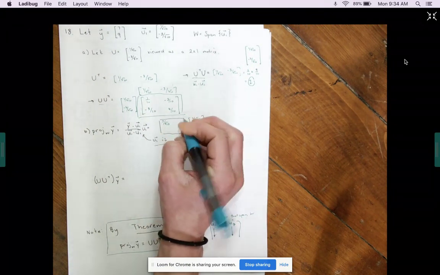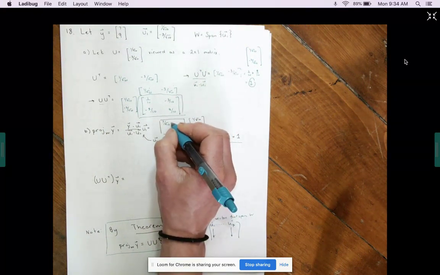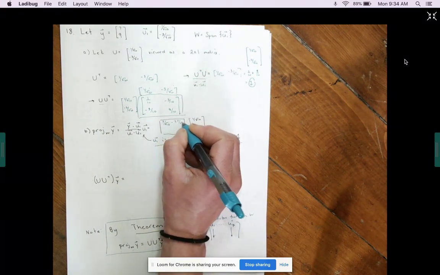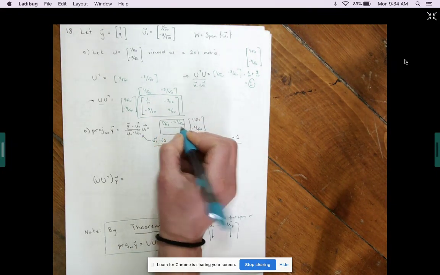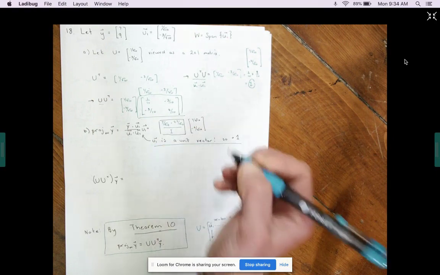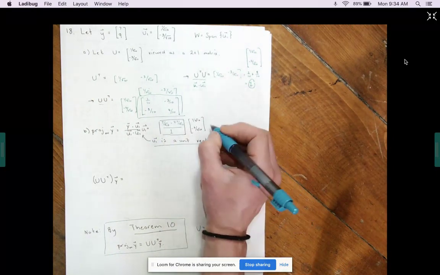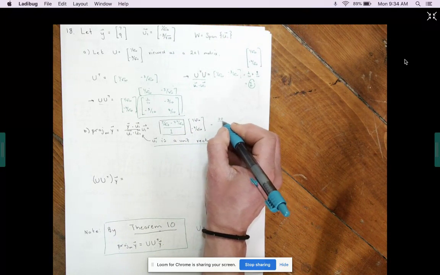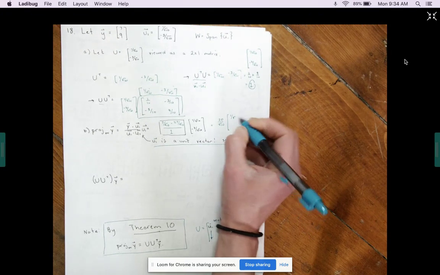So y dot u1 is going to be 7 over square root 10 minus 27 over square root 10. u1 dot u1 we actually just calculated. That's 1, so this turns out to be fairly nice for us. So we get negative 20 over square root 10 times the vector u1.